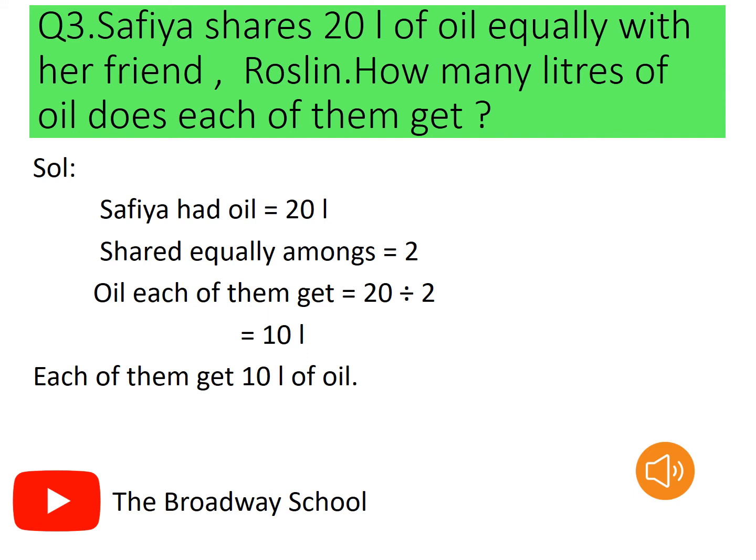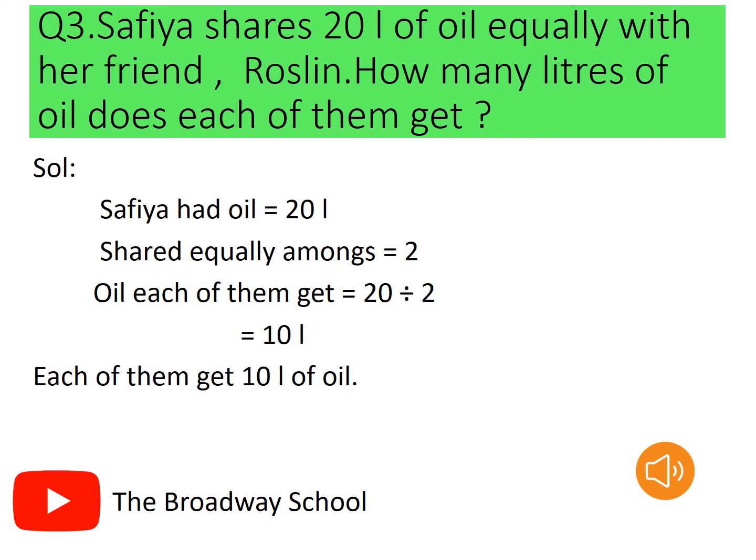Page number 137. Question number 3. Safia shares 20 liters of oil equally with her friend Roslyn. How many liters of oil does each of them get? This question shows equally means that we are going to divide it. So your first statement will be Safia had oil is equal to 20 liters.